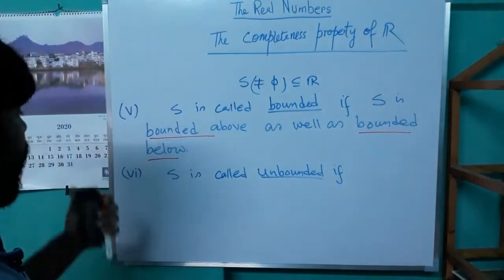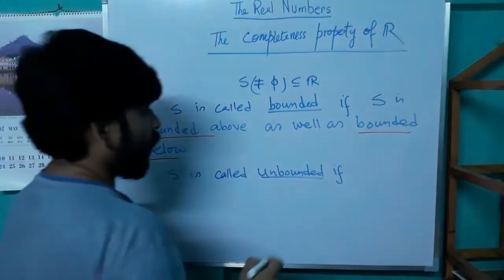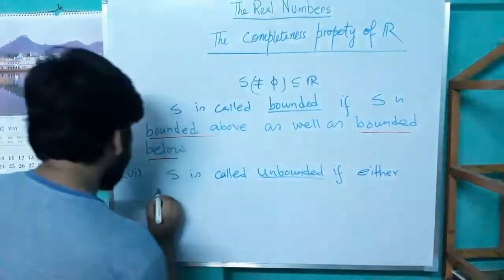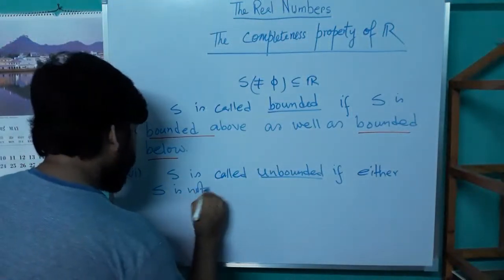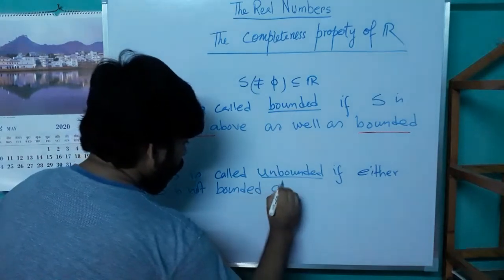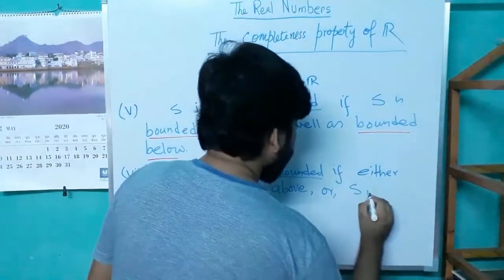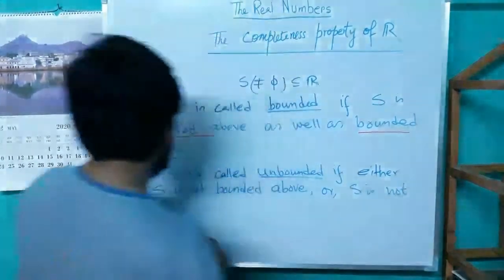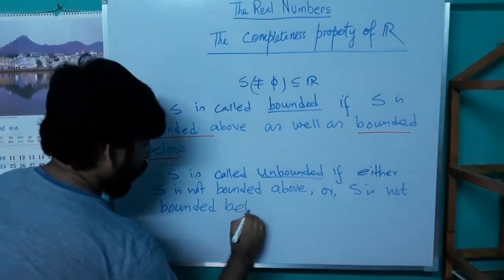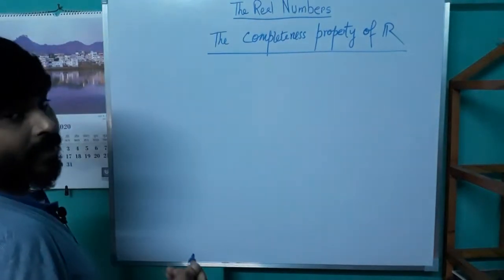That is, either the set is not bounded above, or the set is not bounded below. Now we give some examples.